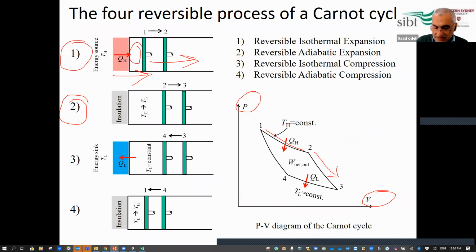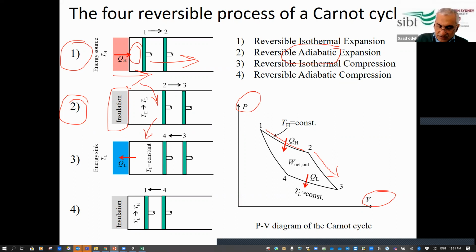What do we mean by adiabatic? Adiabatic means there is no heat exchange with the environment. As you can see here, there is insulation, so we are isolating the cylinder from the surroundings. There is no heat loss or heat added to the cylinder. So we call this kind of process an adiabatic process.